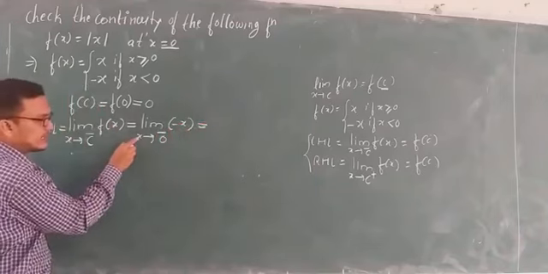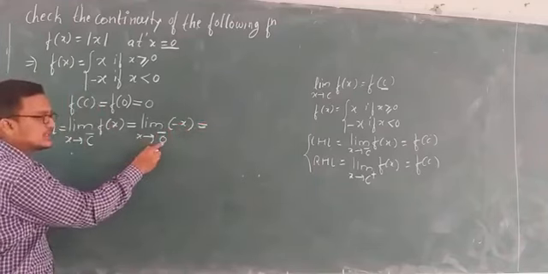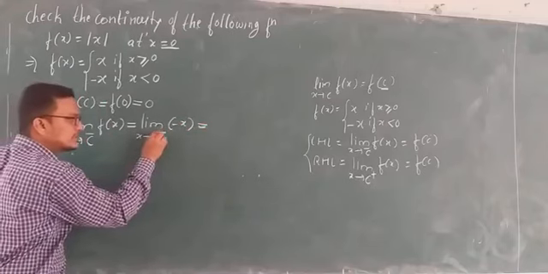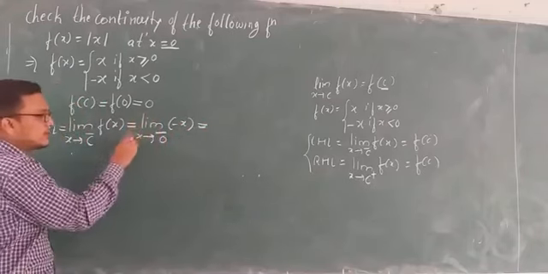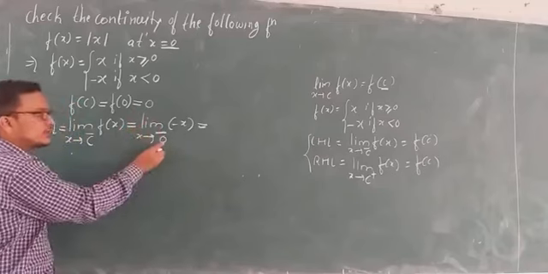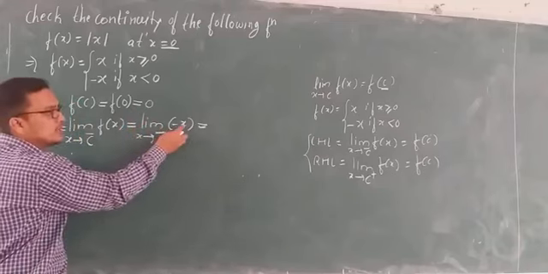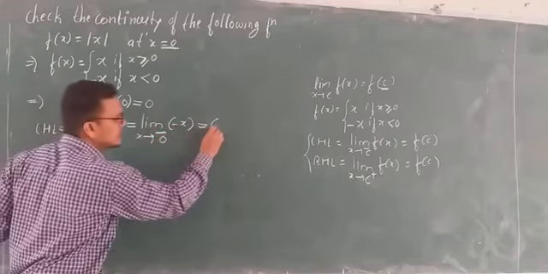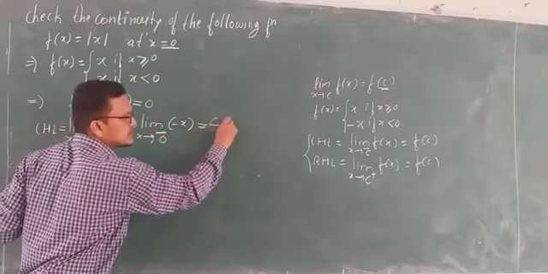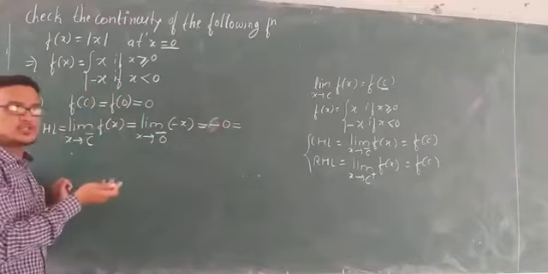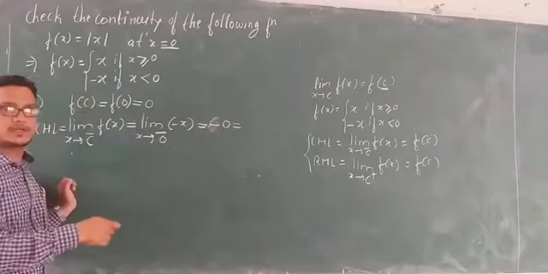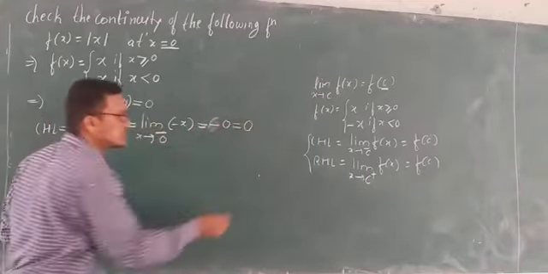Now you have to put the limit: x tends to 0. See, I told you that this minus sign is just a notation, but while putting the value of x, you have to put only that number. So x is tending towards 0, so x is 0 here. I think we will get minus 0, but as we know 0 is a neutral number, if you write minus or plus, having the same meaning, so I will write just 0.